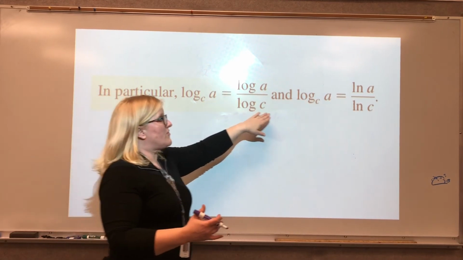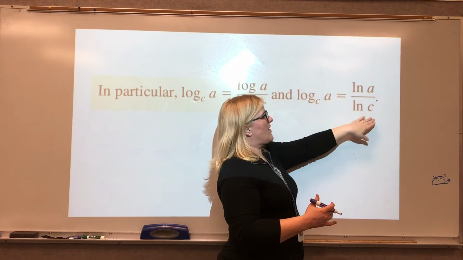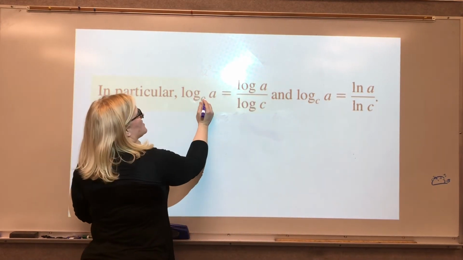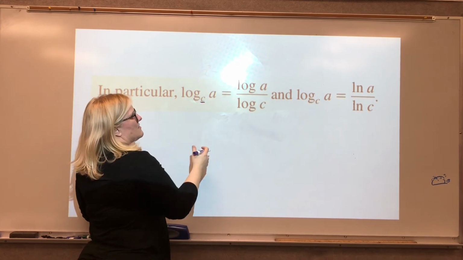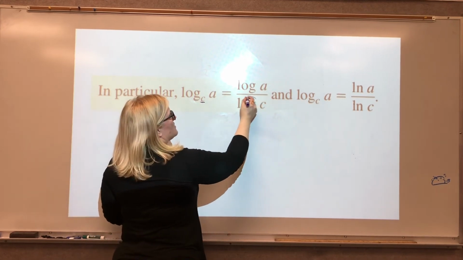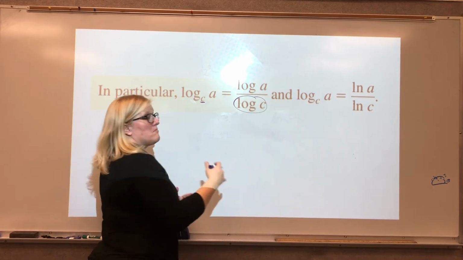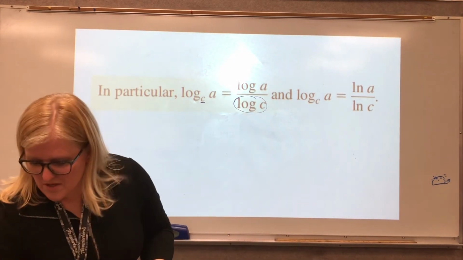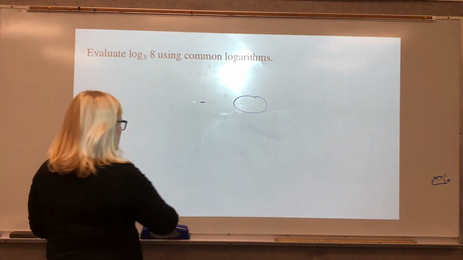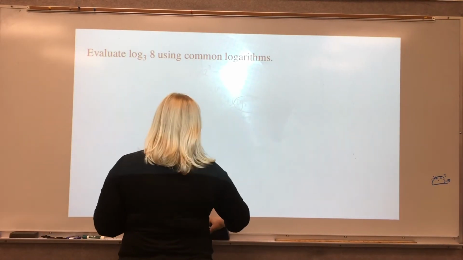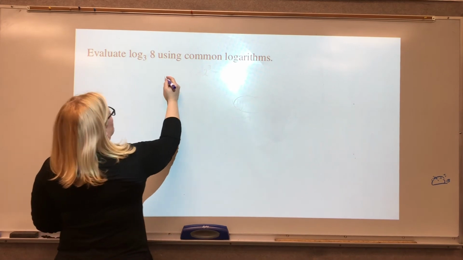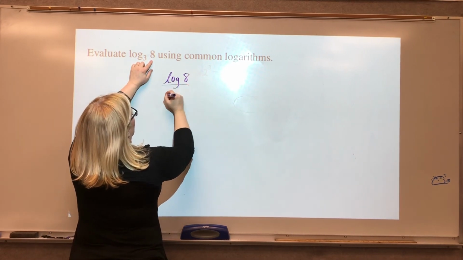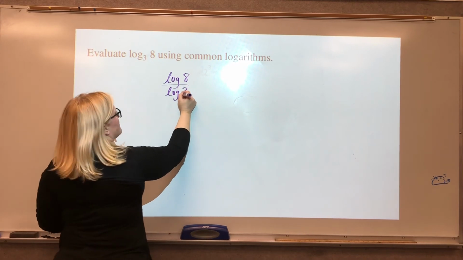And we can use it for natural log too. Natural log of A over natural log of C. So the way that I remember it is the C right here is the base, and the base needs to go in the basement. So that's how you remember which one goes on the bottom. Okay, so let me just do some examples. This is really, really easy. So this I've got log 8 over log 3.